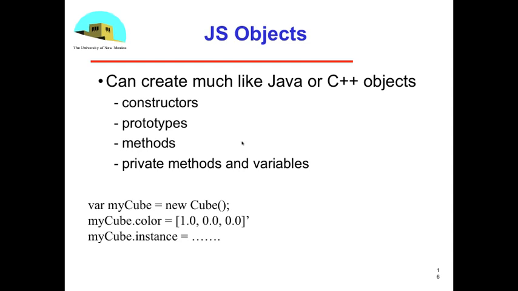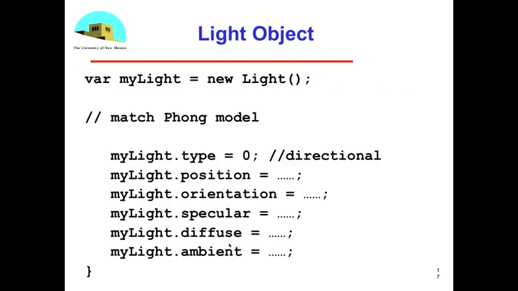So the code to use it would say something like myCube is a new Cube, and then we could set its color explicitly. We could set its instance transform explicitly like this. So the prototype would give us default values, and then we could set them to be whatever we want. And this is just one way to do it, but I think the code is fairly clear.